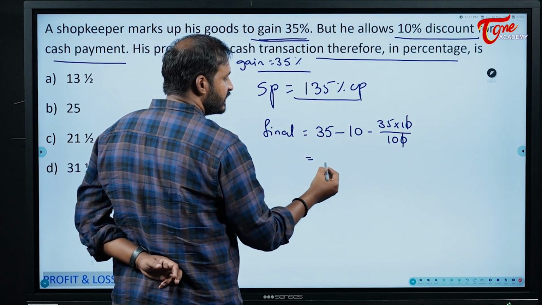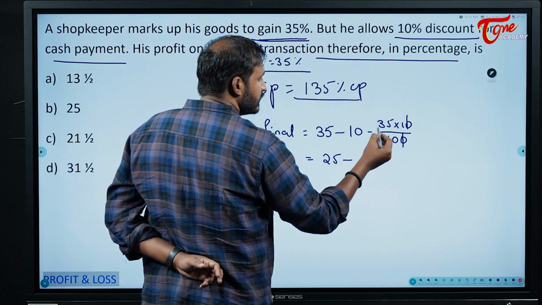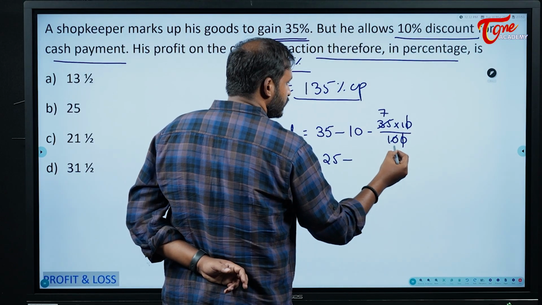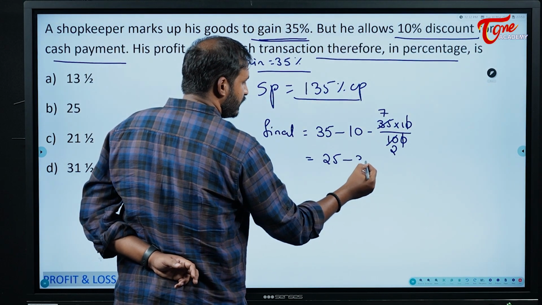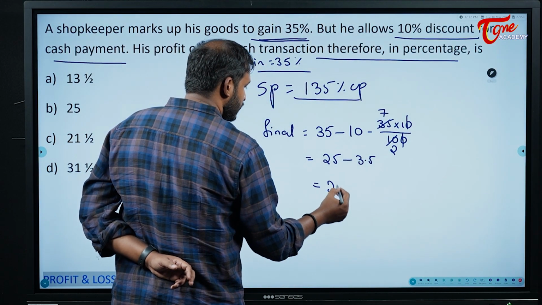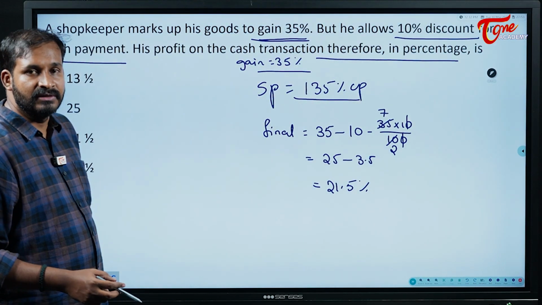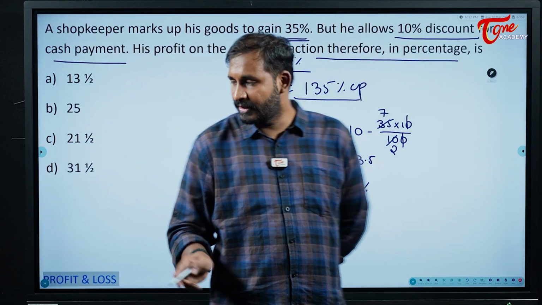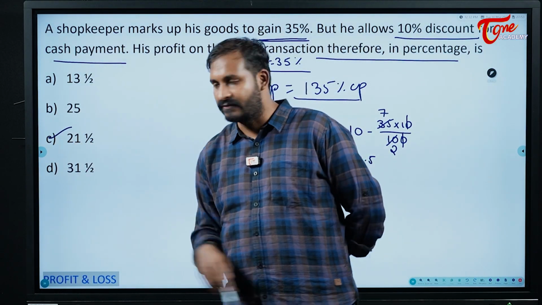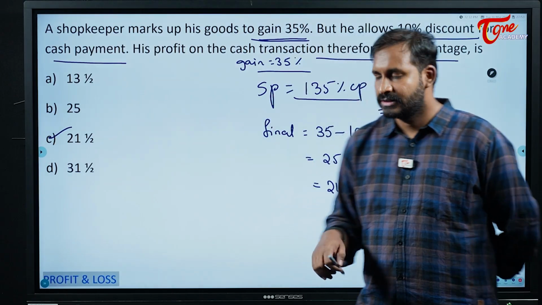So, 35 minus 10 it will become 25 minus what it becomes? 7 by 2. 7 by 2 is nothing but 3.5. So, he will get a profit of 21.5%. That is 21 and half. Okay.